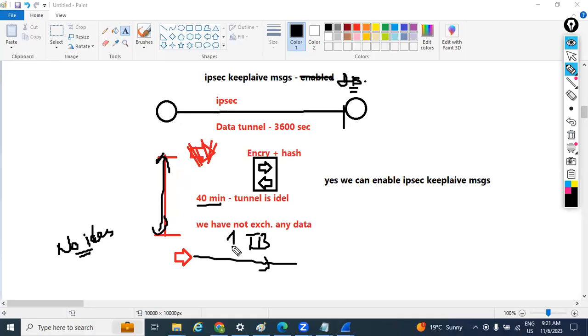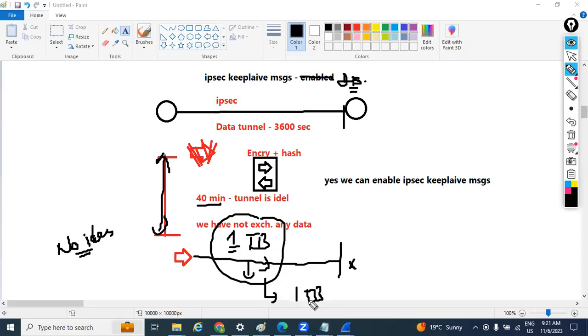I'm sending a 1 TB file, but the other side tunnel is down and not able to receive. So it means I'm wasting my bandwidth, 1 TB unnecessarily, because I have no idea whether the other side is up or not, and unnecessarily I'm sending the data. This is the wastage of bandwidth.